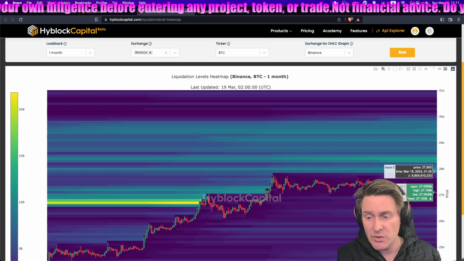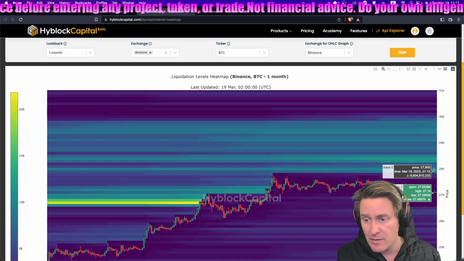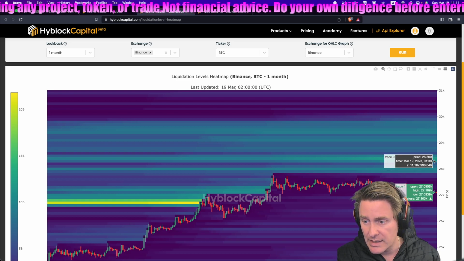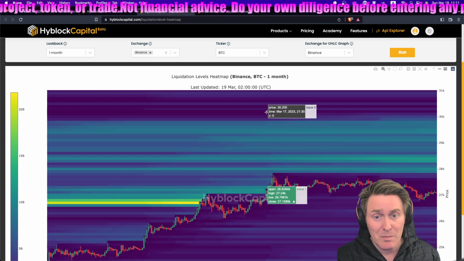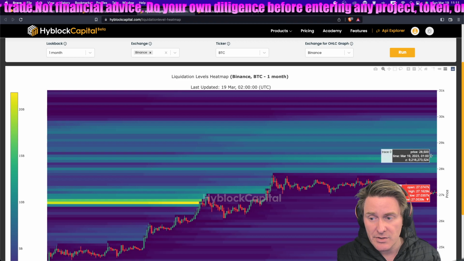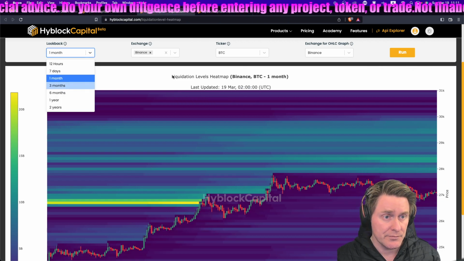Now we're stepping into external liquidity. So you see the 8.9 billion, 9.8, 7, 5, 11, the imbalance starts to appear to the upside. So are they going to continue higher? By this time frame, it says yes.